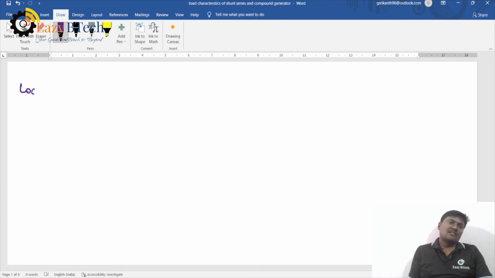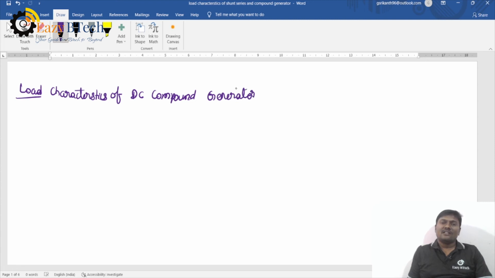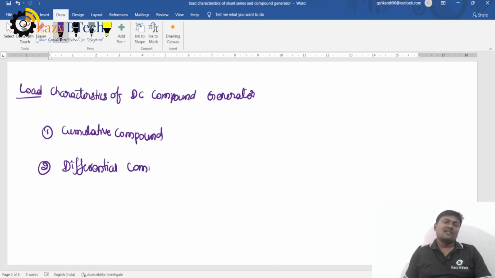And the next one is the load characteristics of the DC compound generator. As we discussed earlier, we have cumulative compound and differential compound generators. In a differential compound generator, phi net is equal to phi sh minus phi sc.